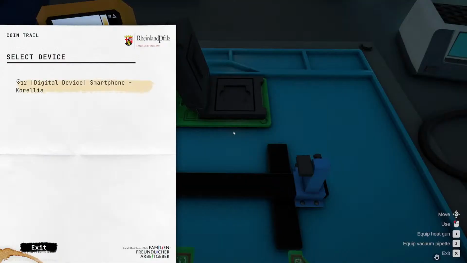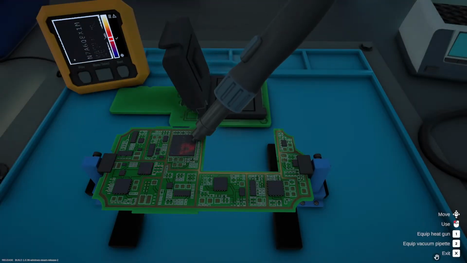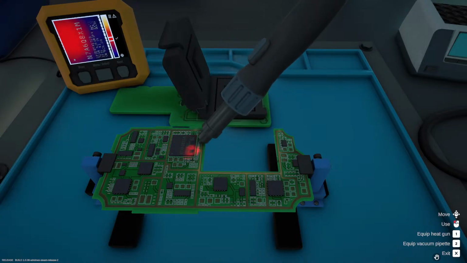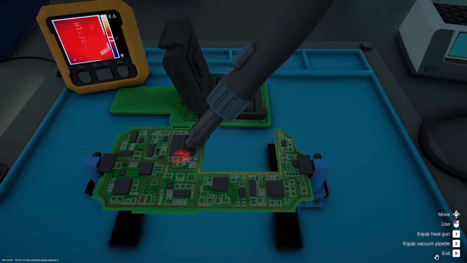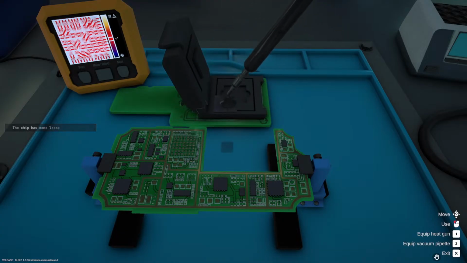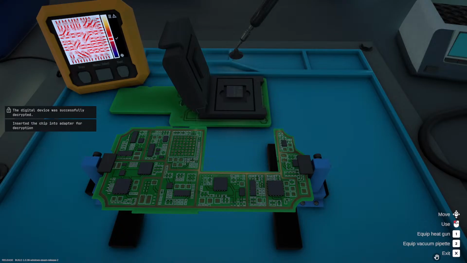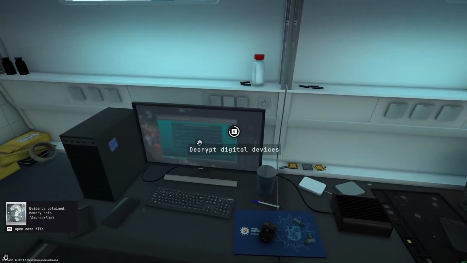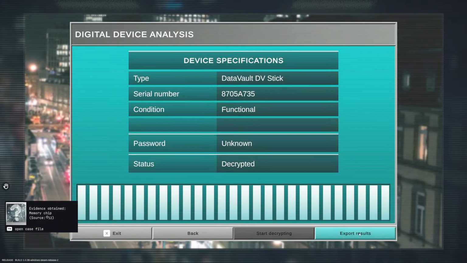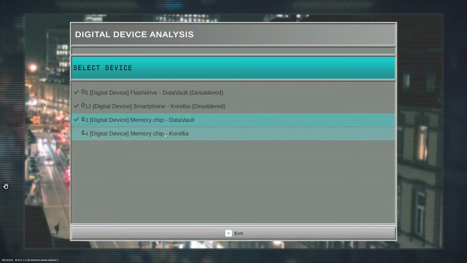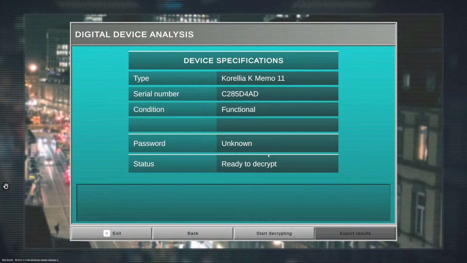While that runs, we'll get the smartphone going here. There we go. Alright, let's check what's going on here. Export results. Alright, and then we'll work with this chip.